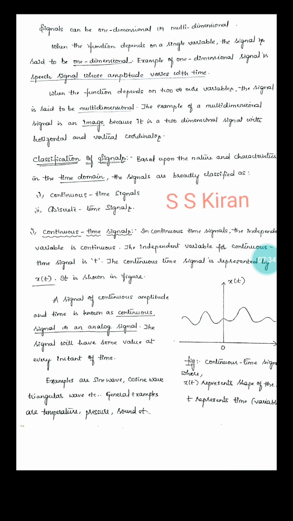Now coming to the definition: a signal of continuous amplitude and time is known as a continuous signal. A continuous signal is also called an analog signal. The signal will have some value at every instant of time.